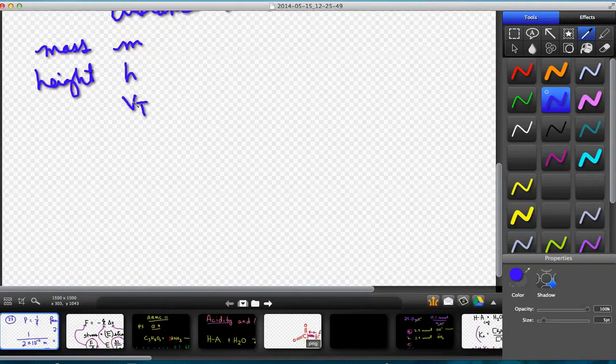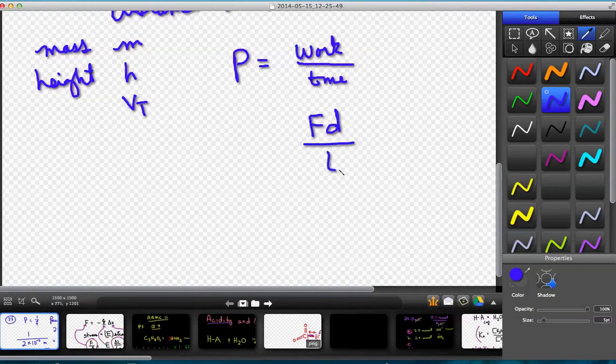Which of the following expressions represents the power exerted by the force? So power is work divided by time. Work can be force times distance divided by time.